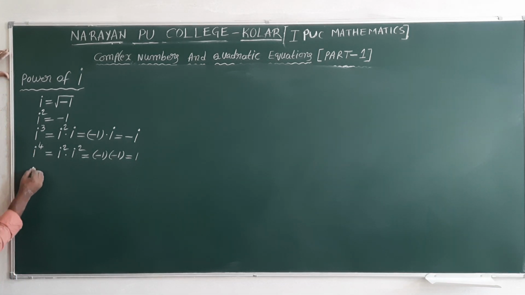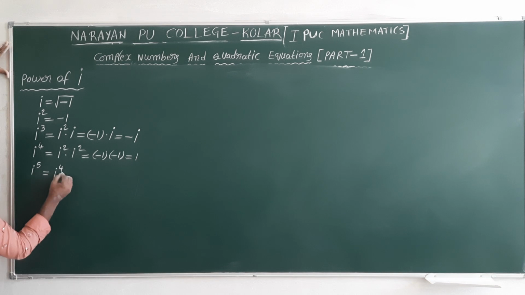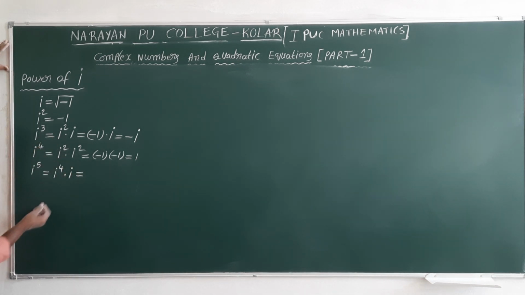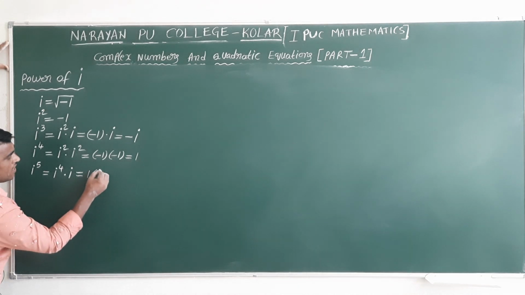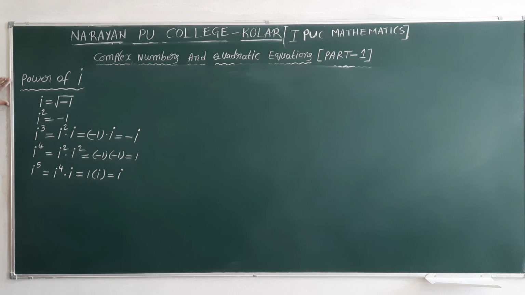Suppose i power 5. We can write i power 4 into i. Already we know the i power 4 value, so 1 into i. While observing that, i square, i cube, i power 5 values we are getting like this.